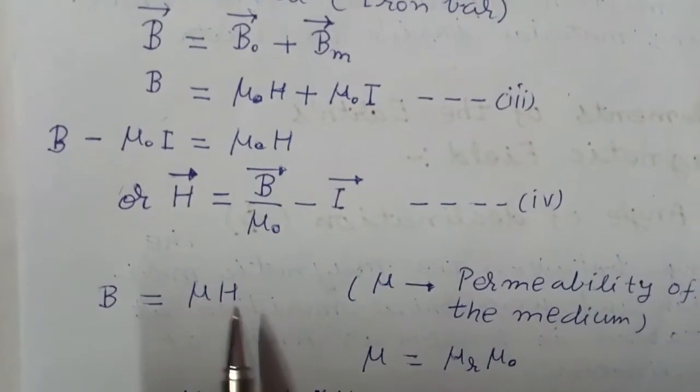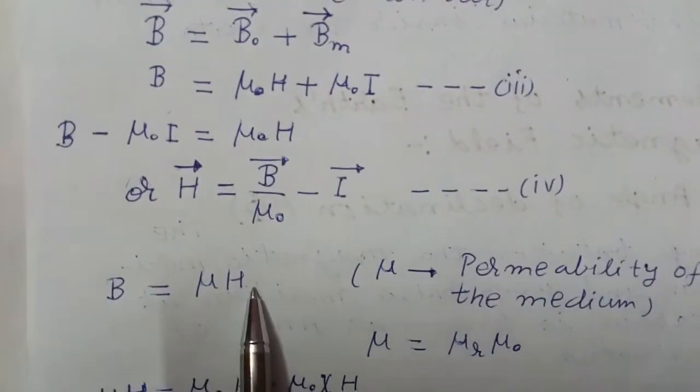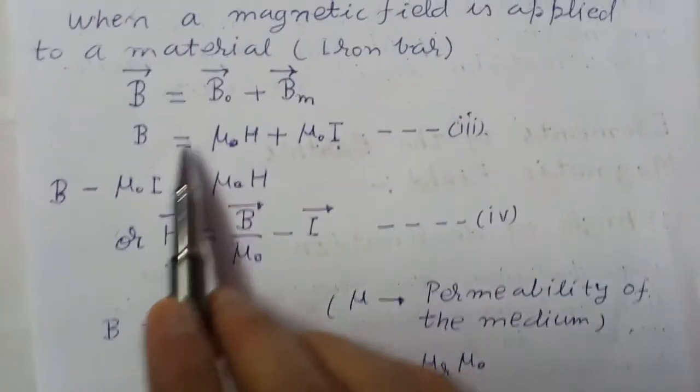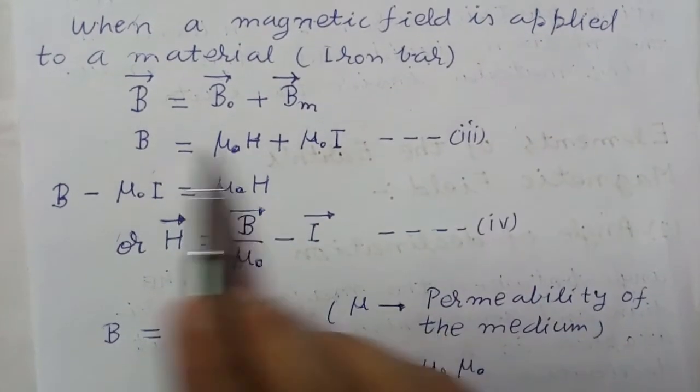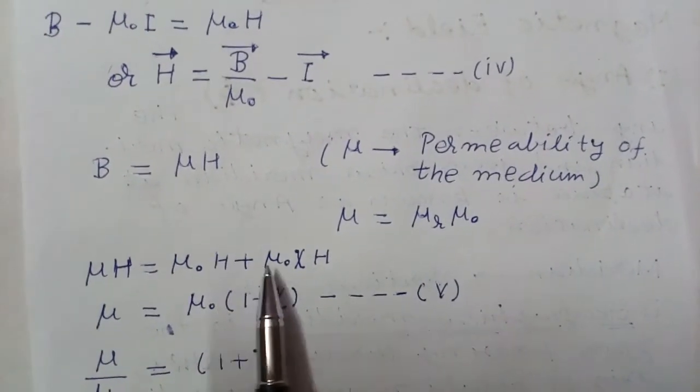Now if permeability of iron is mu, so for B we may write mu H. So from here see this relation: mu H is equal to mu naught H plus mu naught chi into H. Why?